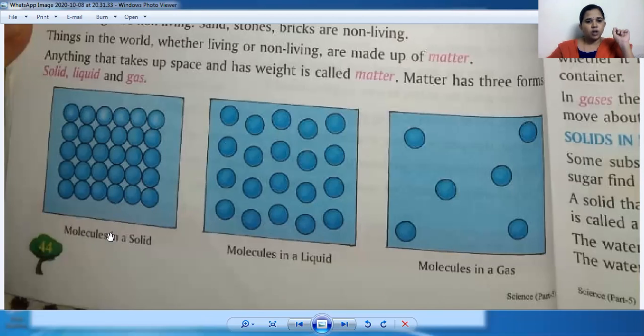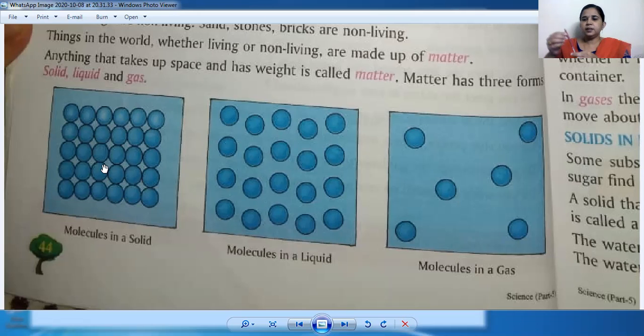Okay. So molecules in solids, they are very tightly packed. In the solids, the molecules are tightly packed. For example, see, this is a pencil. Okay. What is the state of matter of this? Yes, it is a solid. So many molecules are present in this pencil. Okay.